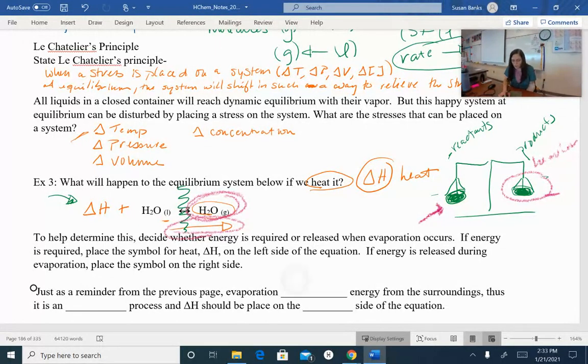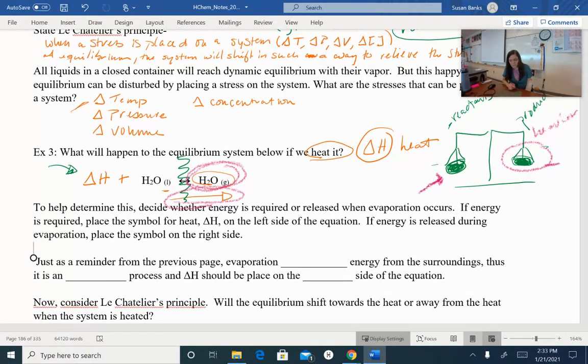Okay, so to help determine this, we decided whether energy was required or released when evaporation occurs, right? So when evaporation occurs, energy is required.